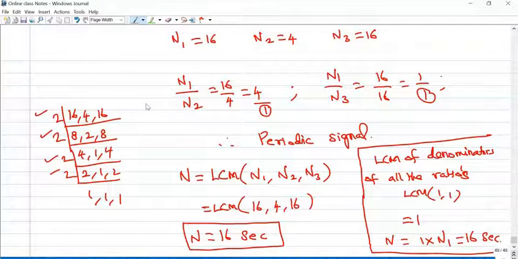So the basic operations on signals, periodic and aperiodic signals, how to check whether the given signal is periodic or aperiodic, and even and odd signals. All are very important.